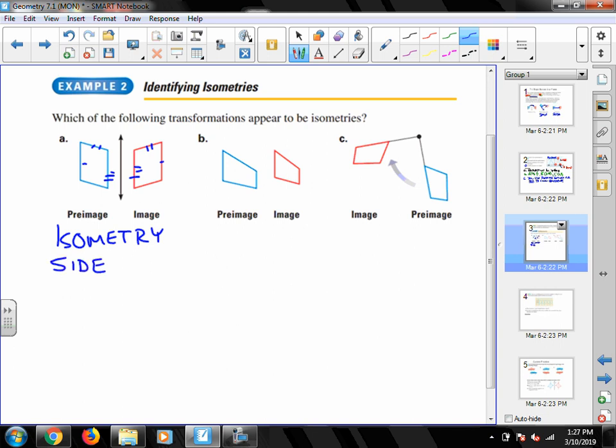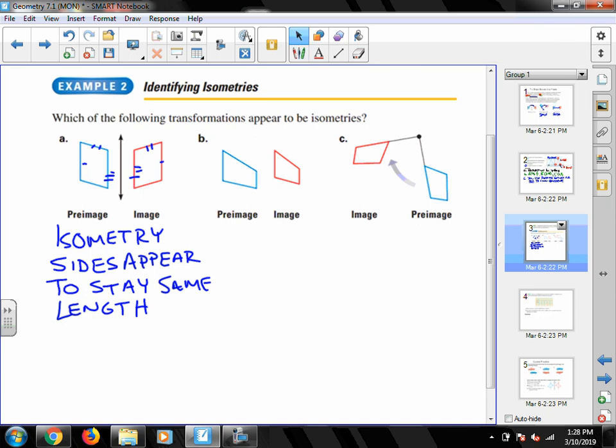Sides appear to stay the same length. B, looking at my pre-image and my image. On the left, I have my pre-image. On the right, I have my image. Okay, do my sides all seem to match up? And I'm going to say no. I'm going to say this one on the right looks a little smaller, at least to me.